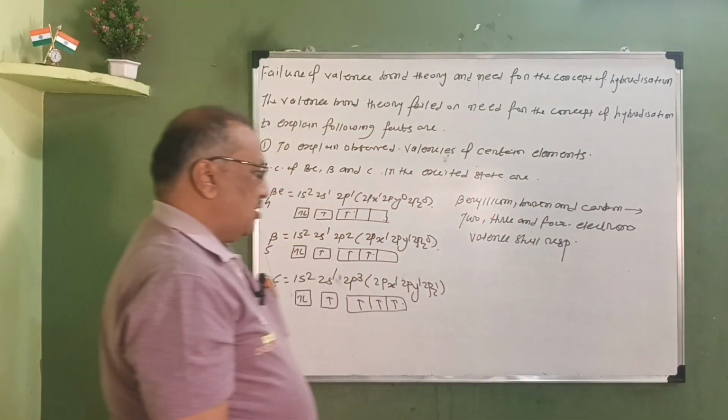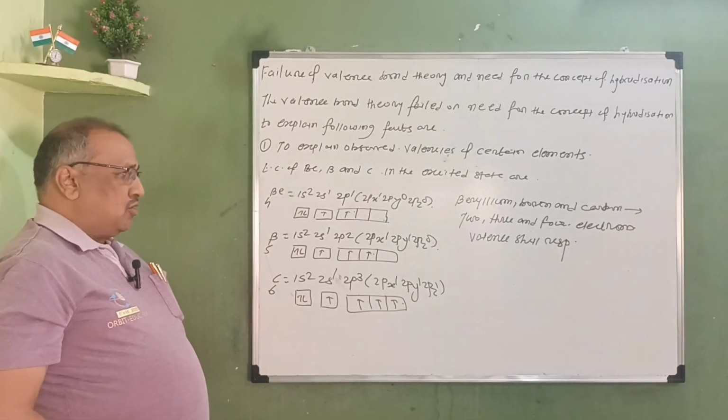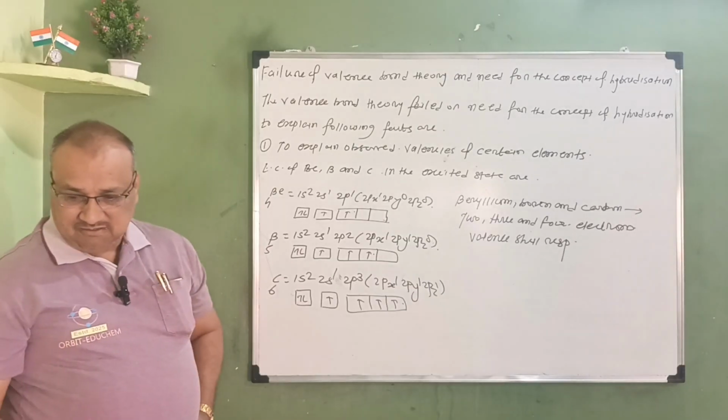Now let us observe here electronic configuration of beryllium, boron and carbon in the excited state.